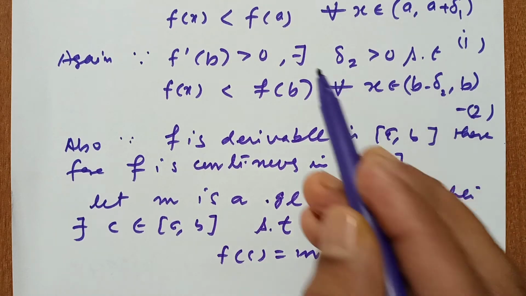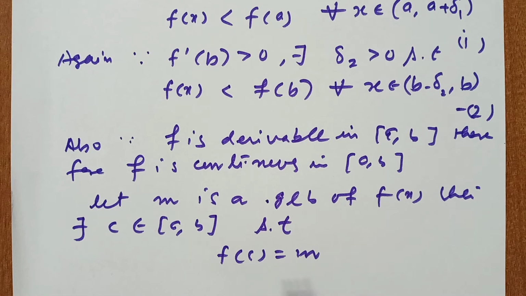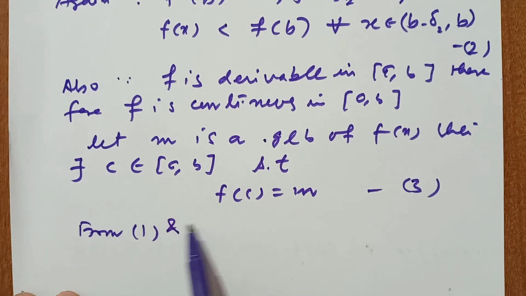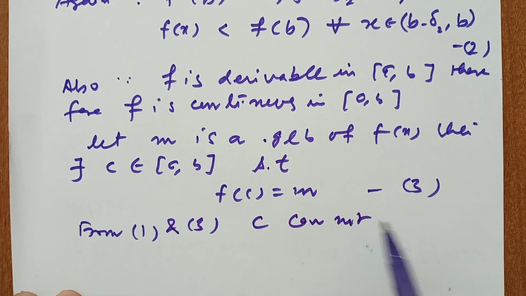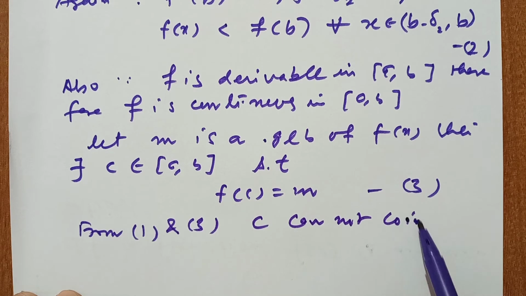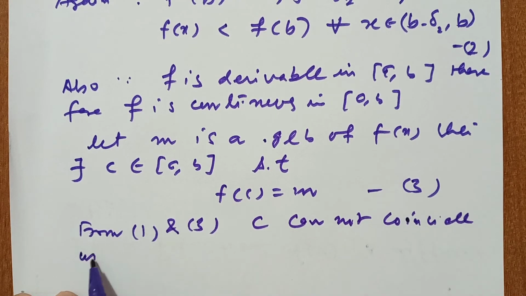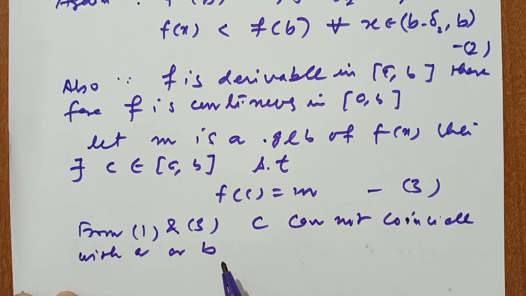Since by 1 and 2, and this is 3, so from 1 and 3, c cannot coincide with a or b, for otherwise there would exist points where the values of the function would be less than f(c). Okay, so c is an interior point of (a, b).